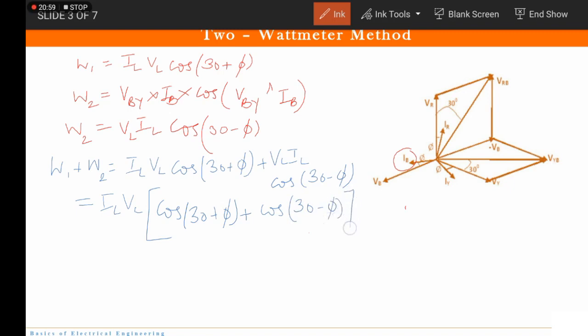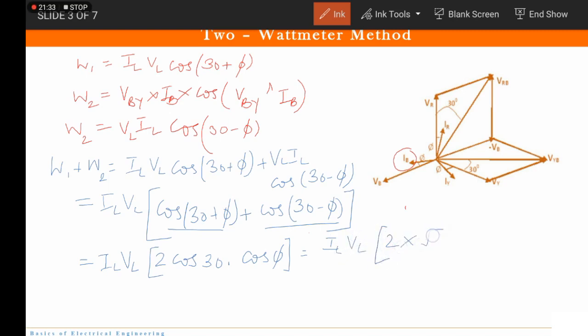We have seen such equations. So it becomes IL VL. Now I replace cos(A plus B) plus cos(A minus B), which is 2 cos A cos B. What is cos A? cos 30. What is cos B? cos 5. What is the value of cos 30?